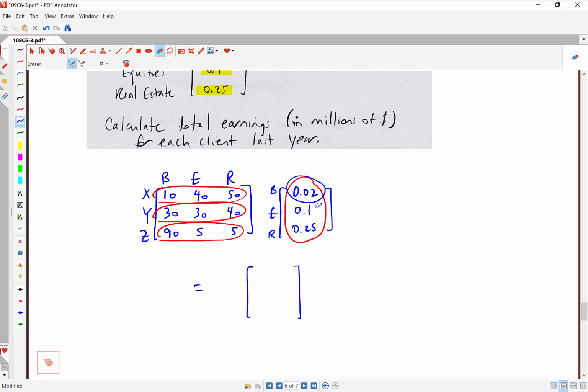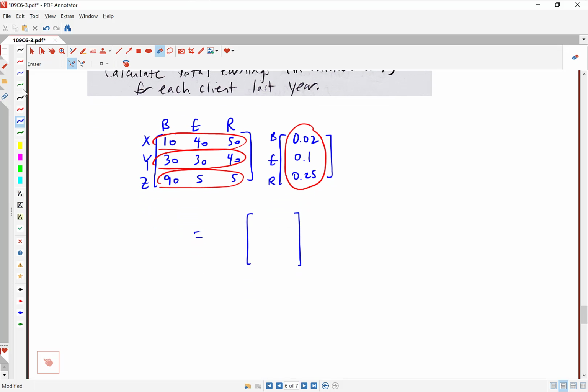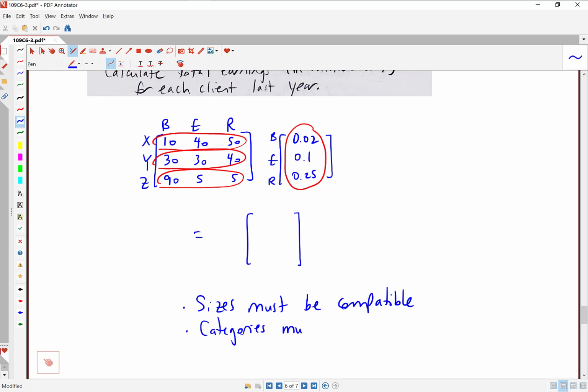And of course, it's important that the sizes of the matrix should be compatible. So let's write down these two guidelines. So sizes must be compatible. We know that from our previous discussion. But because this is an applied problem, the categories must match up. And that means when you do your dot product, B should be landing on top of B, E should be landing on top of E, or E should be multiplying with E if you want to say it that way.